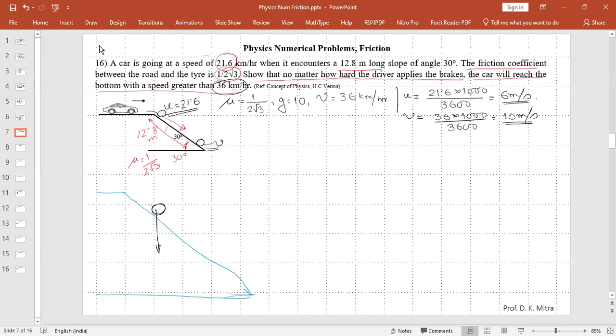Once again, this is the vertically downward force mg. This is the force mg cos theta perpendicular to the plane. This is the force mg sin theta parallel to the plane. And this is the reaction force R, which is nothing but mg cos theta.